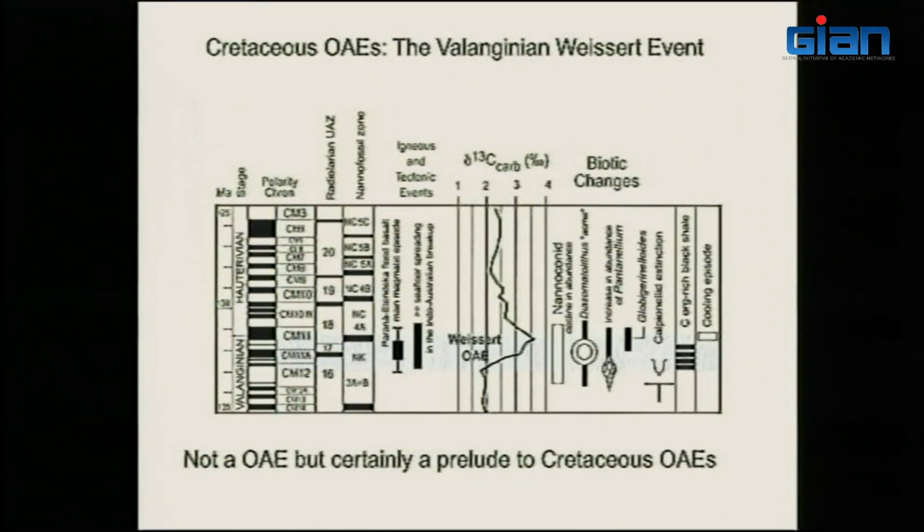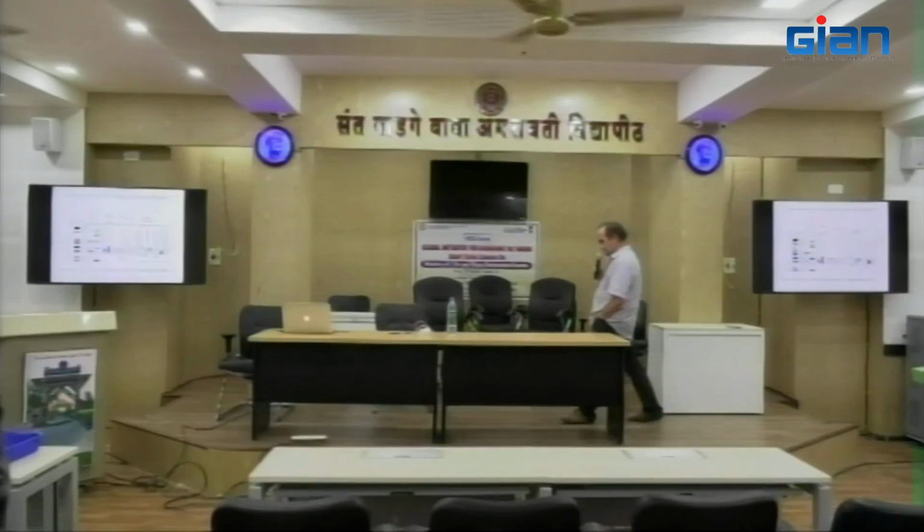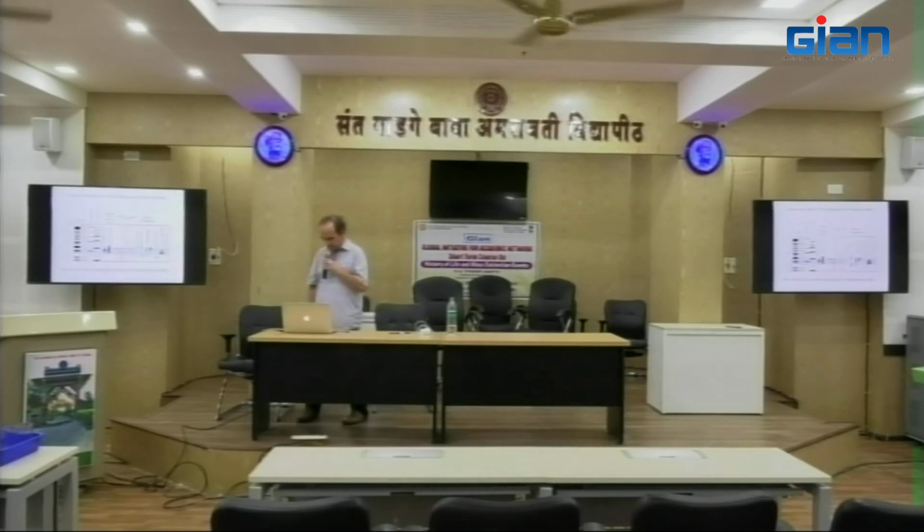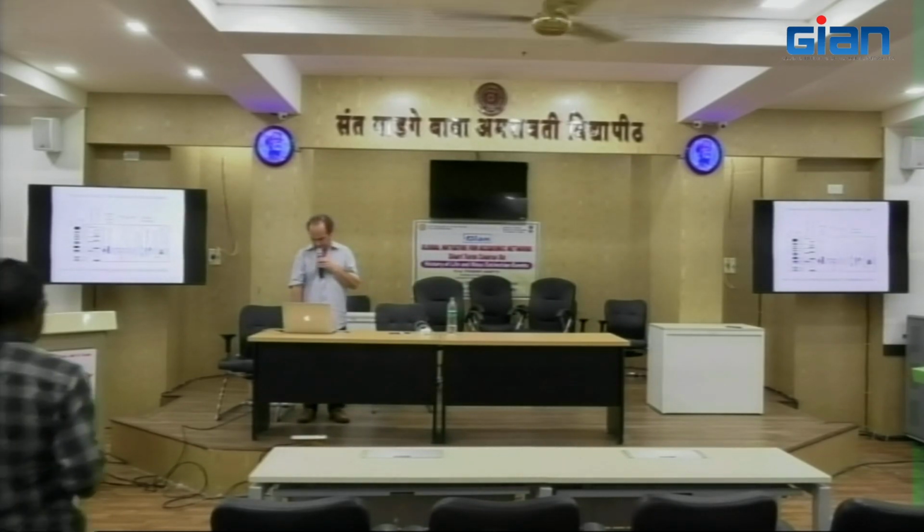And you can see that this corresponds to several biotic changes, mainly a decline in some nannofossils, for example, or a decline in some foraminifera. So this was probably a prelude to that event, but it's probably not the main one.